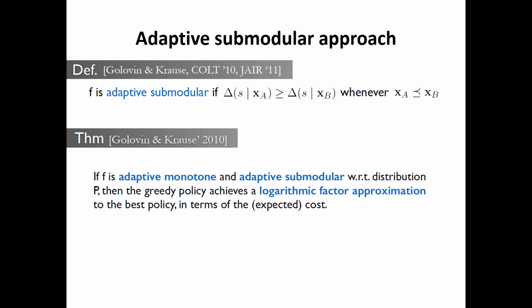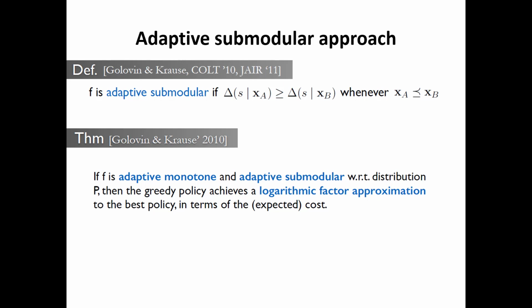So informally, it means that if we condition on a smaller subset of performed tests, then the conditional expected benefit is larger.